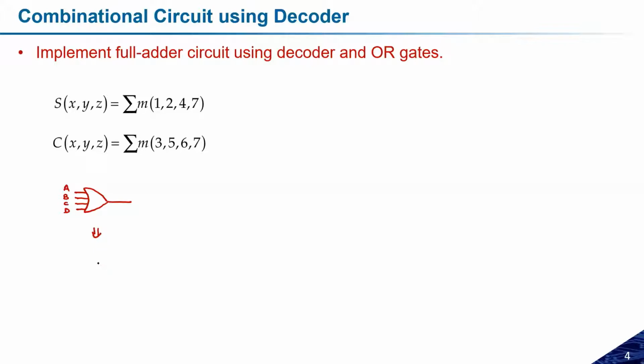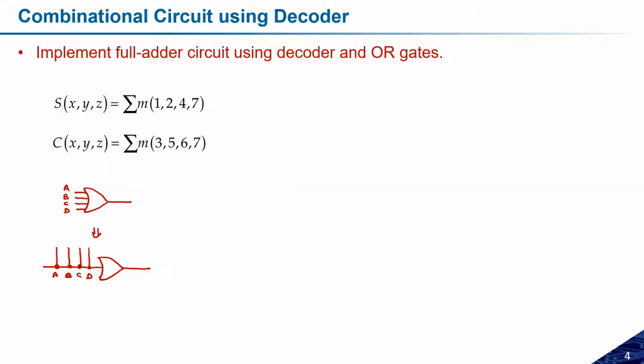So this OR gate can be represented like this as well, with inputs A, B, C, and D. This is an alternative representation of the OR gate.